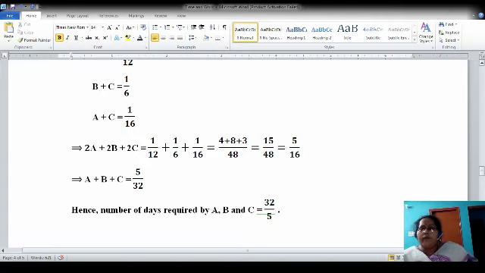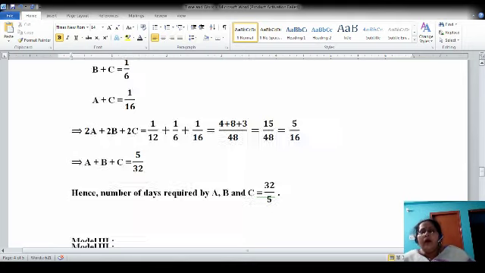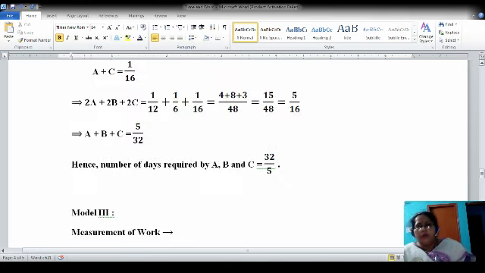We have now seen 2 different models, and now I will come up with a third model, another category of problems where maybe some men are working, children are working, women are working, so different types of people are working.